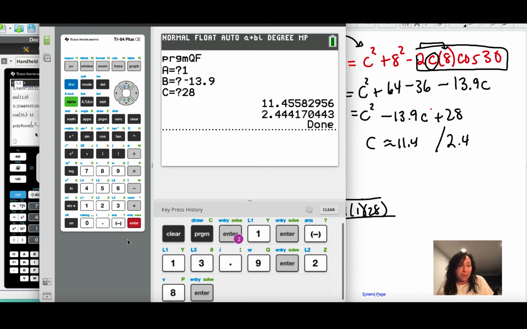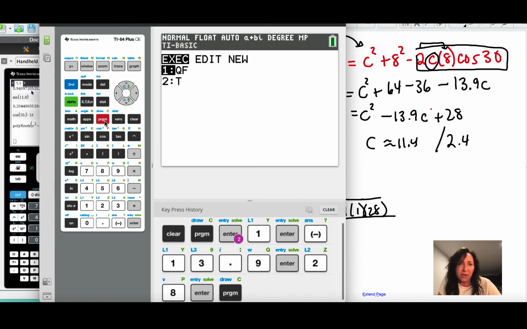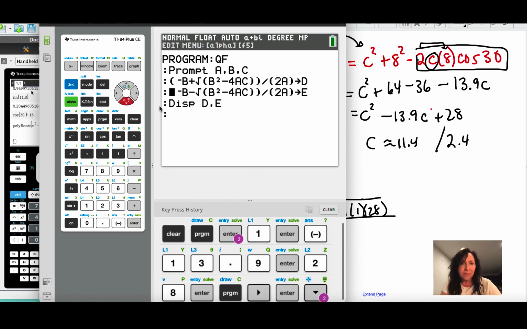So, you can use the calculator on the SAT and the ACT. You should know how to do this. And if you don't know how to do this, come and find me or email me, ask me, all of you. If you want the program, I'll tell you what it is. It is that. Okay? So take a picture of it. You just have to type it in.